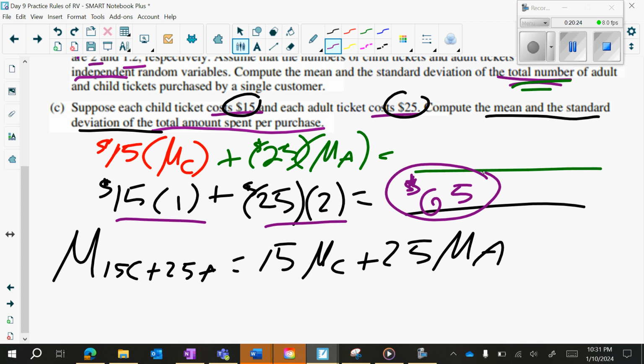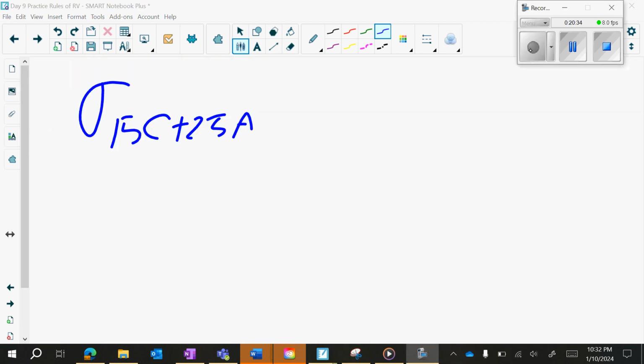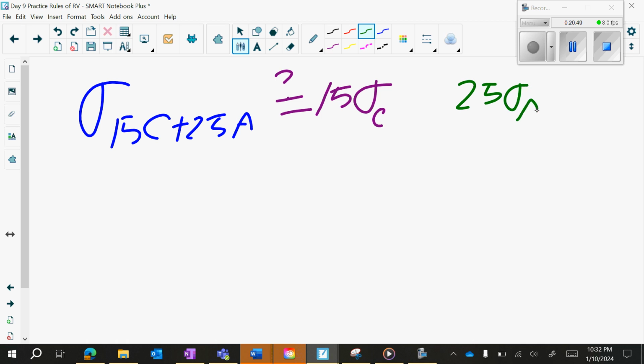Okay, now standard deviation. So can we multiply standard deviations by the 15 and the 25? Okay, so this is where it gets a little interesting. We can do 15 times the standard deviation of C. Okay, we can do 25 times the standard deviation of A. But are we allowed to add those two standard deviations together?